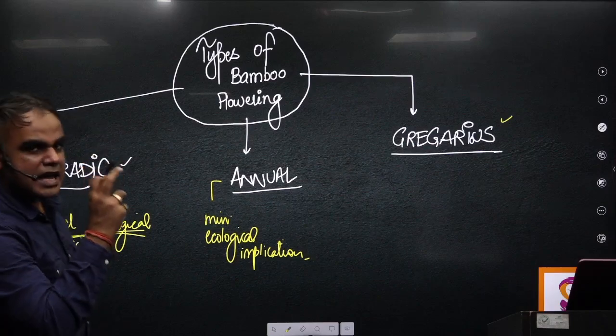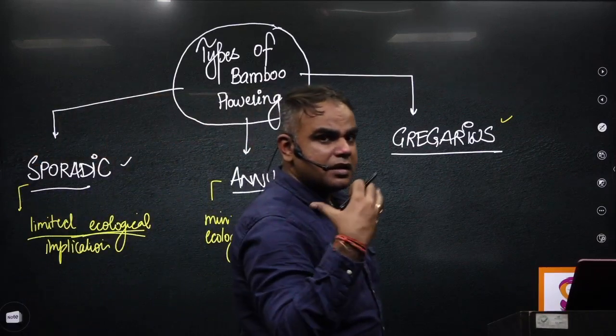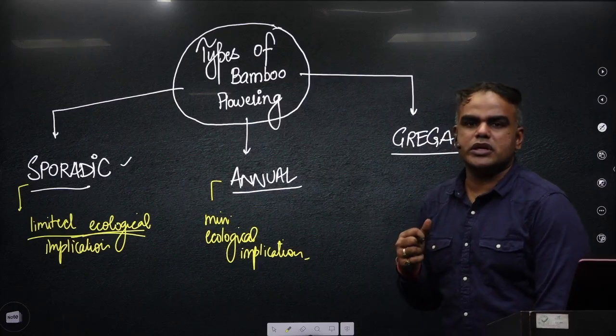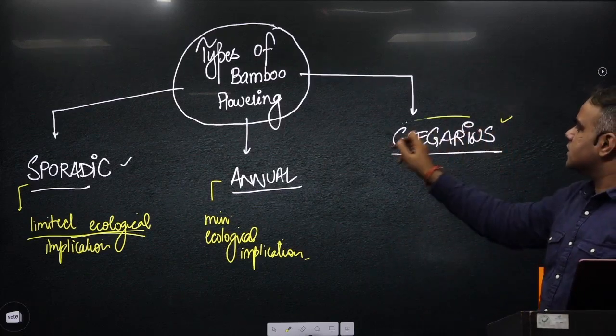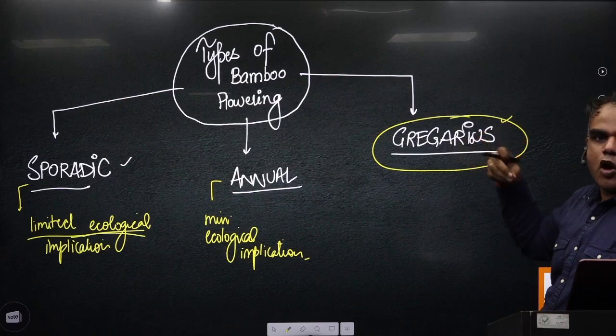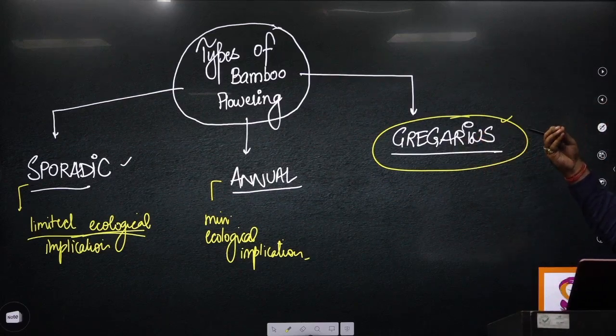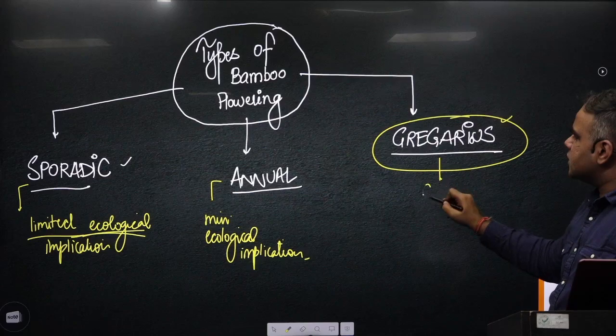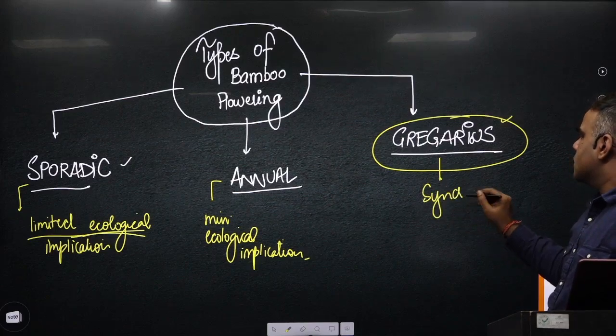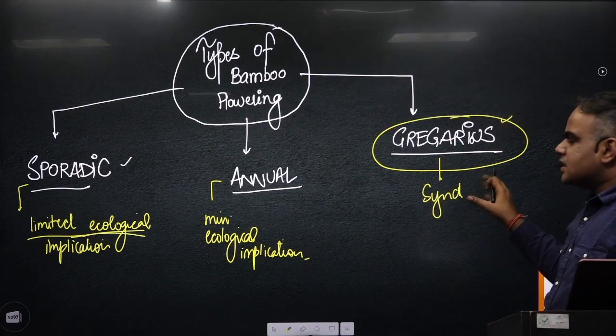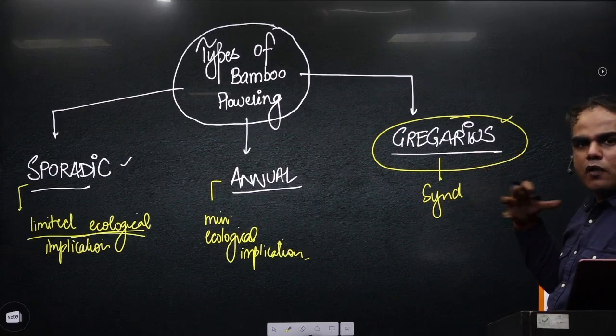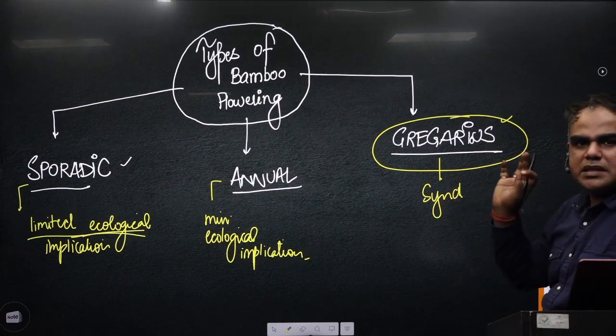However, it is the gregarious flowering which is an aspect of a lot of curiosity amongst foresters, as to why this happens all of a sudden. In gregarious flowering, it is a synchronized flowering of the entire population of bamboos that happens exactly.